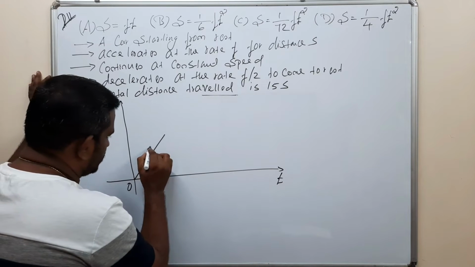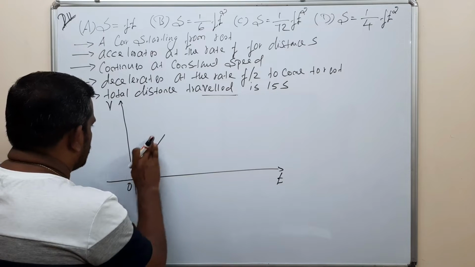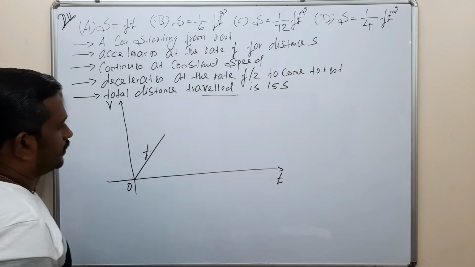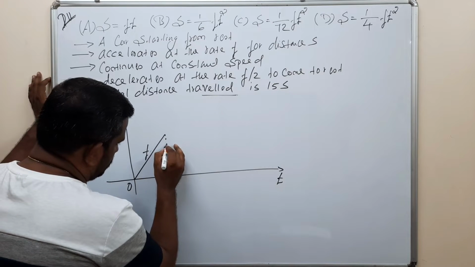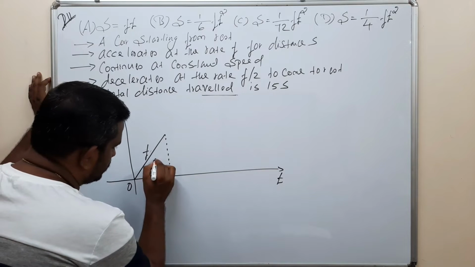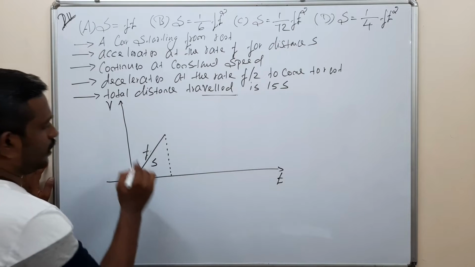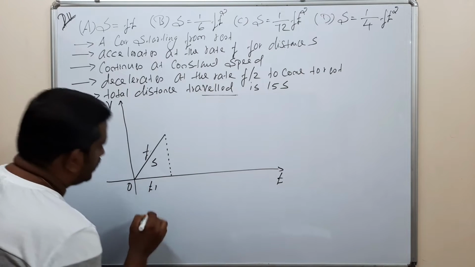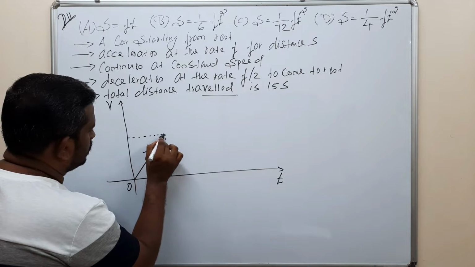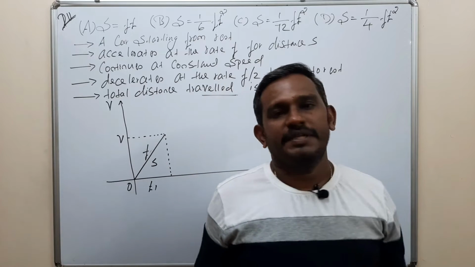That is the slope of the curve, f. The area under the velocity time graph is the distance the car has moved. After time t1 it reaches a constant speed v.